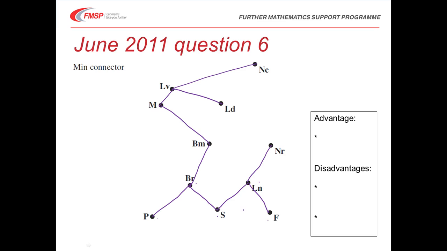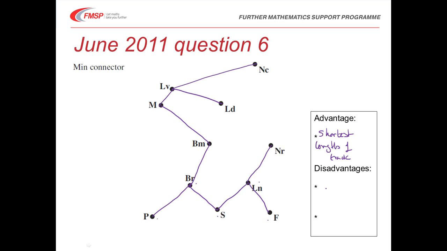What advantages are there? Well, if you're going from BR to BM, and that's the shortest route, that's definitely an advantage. So you've used the shortest lengths of track. And in fact, you've covered the whole network using the shortest amount of track.